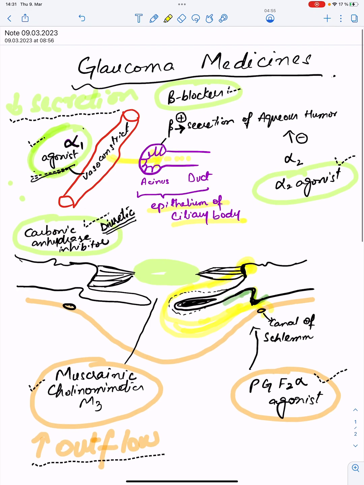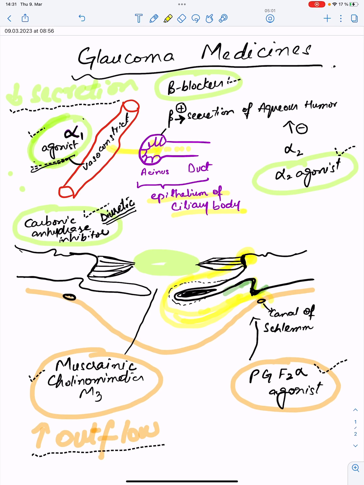So this was all about glaucoma drugs. If you make these two groups, then you see the upper half are involved in reduced secretion: alpha 1 agonist, alpha 2 agonist, beta blocker, and carbonic anhydrase inhibitor.